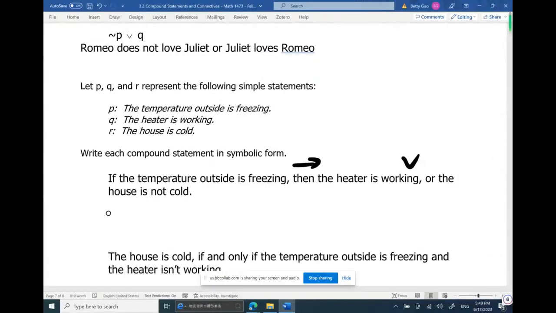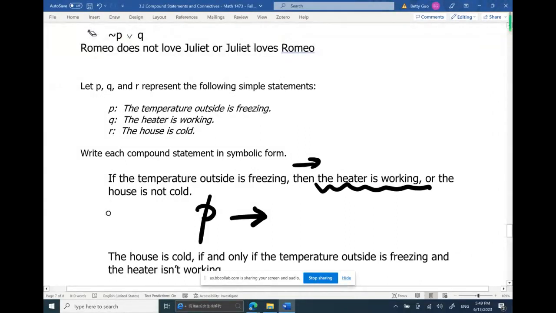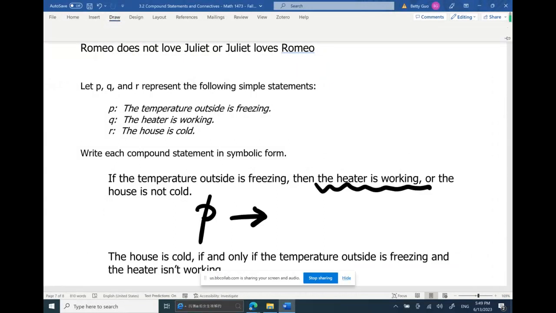Which one has higher level of dominance? Conditional has higher level of dominance. So this is a conditional, all right? If the temperature outside is freezing, so if P, then, following then, we have the consequent. The consequent itself is a compound statement, a disjunction.